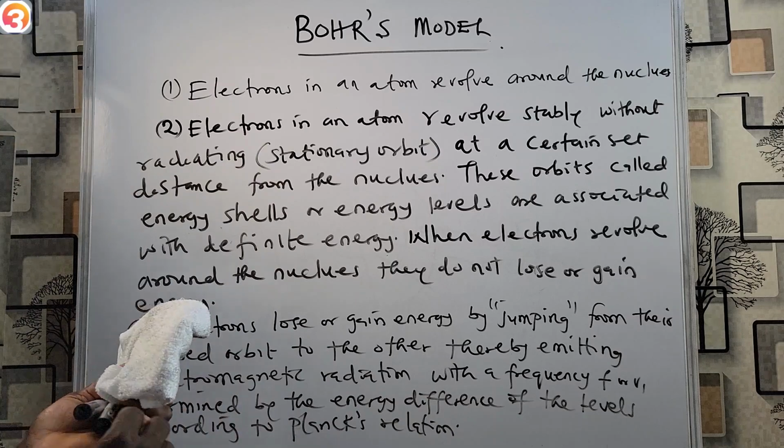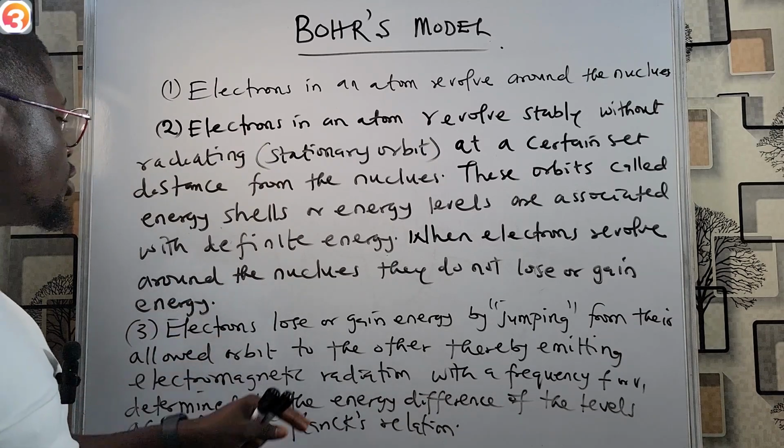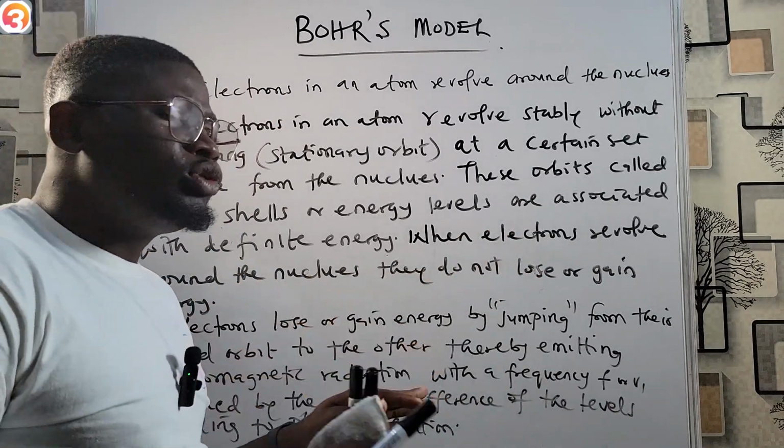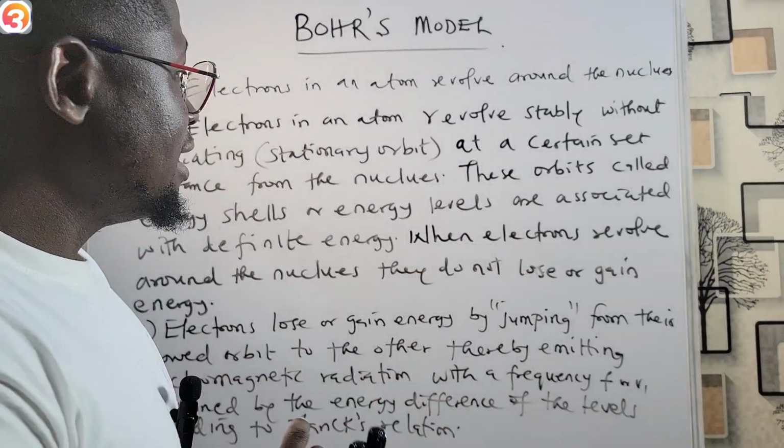So we're going to come back up. So thirdly, firstly, I said that when electrons revolve around the nucleus, they do not lose or gain energy, right? They do not lose or gain energy.